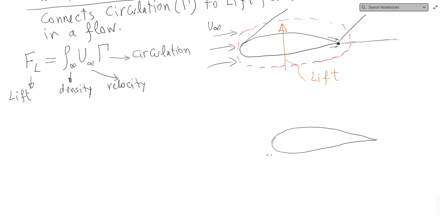Let's have this airfoil, and the median length of the upper surface and lower surface, let's call it C. What we do here is, when the flow is passing through this airfoil, let's say we have a velocity u at the bottom, and obviously because of the shape that we have here, more camber or more curve on the top, we will have u plus delta u.